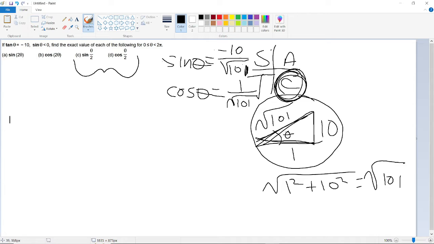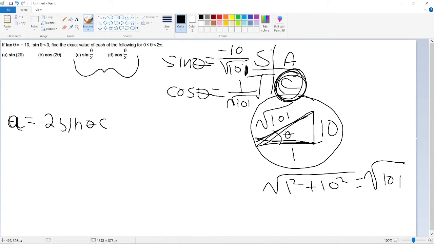So this is A. Sine 2 theta equals 2 sine theta cosine theta. Wait a minute. For some reason, my pen is not writing well on the whiteboard all of a sudden.